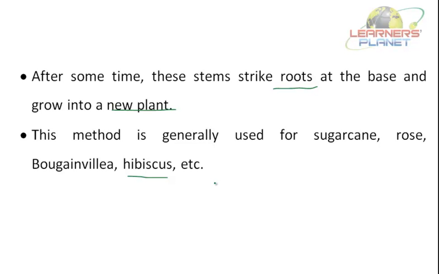Hardwood cuttings of bougainvillea can be rooted with a good amount of success if root promoting hormones are used. These hormones are available in powder form and are applied on the lower end of the cutting. Roots are formed in greater number on nodes.